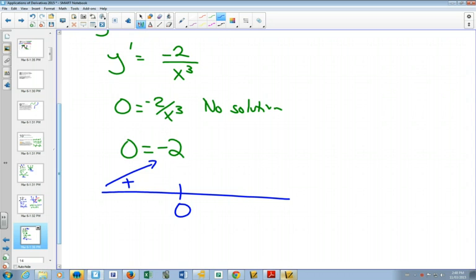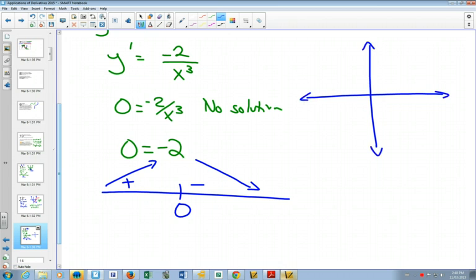After 0, when we plug in a positive number, you're going to have negative 2 divided by a positive number, which will give you a negative number, so we know that it's decreasing after that. Because we know we have a non-permissible value at 0, we can draw that asymptote in at x equals 0.